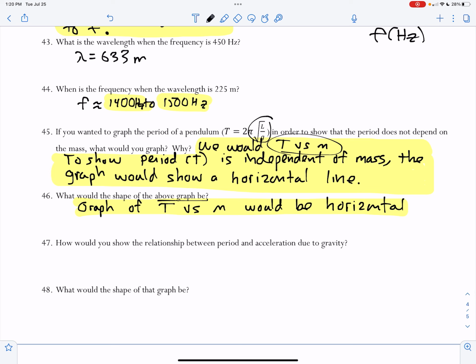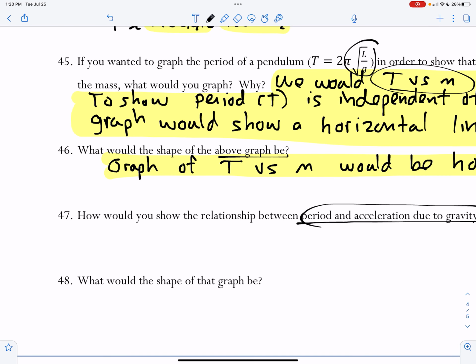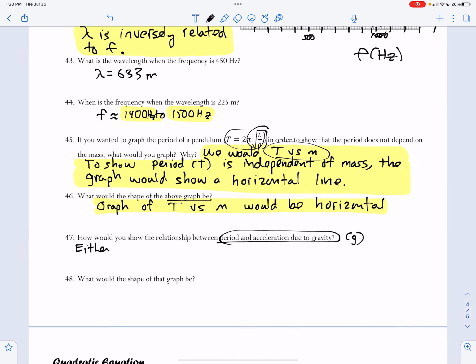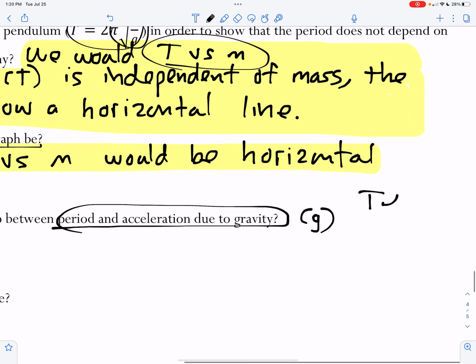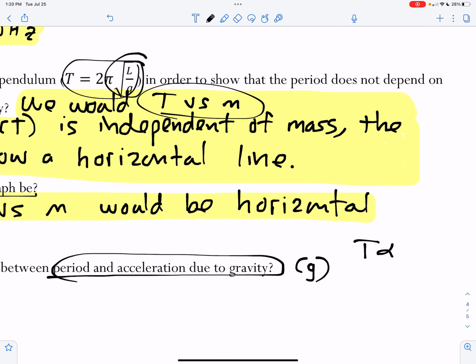How would you show the relationship between period and the acceleration due to gravity, which is little g? So for that one, what we would do is we would graph a couple of things. We would either, okay, look at your variables here. We can see that T, the period, is proportional to the square root of 1 over g.